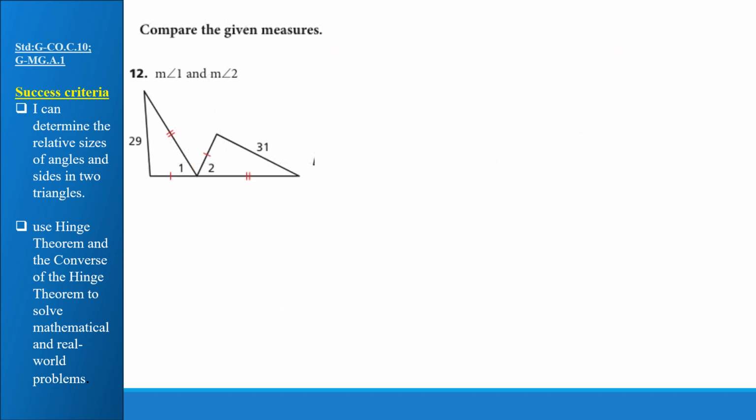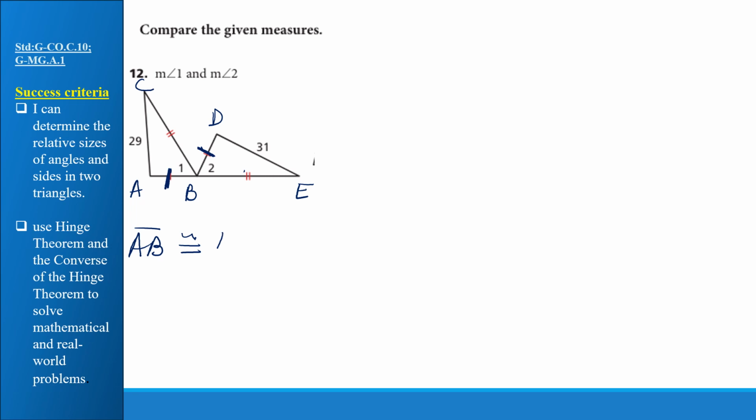Okay, so angle 1 and angle 2 we have to compare. Where is angle 1 included? Between this side and this side. Let's name the points A, B, C, D and E. AB is congruent to BD, which have the one dash.